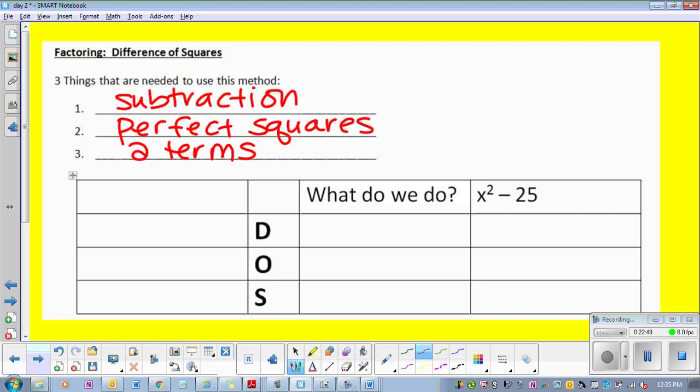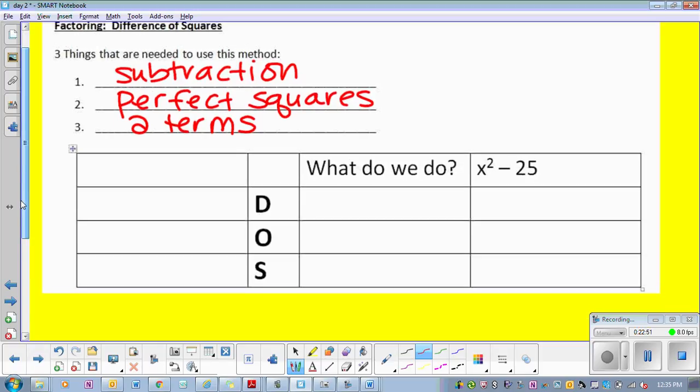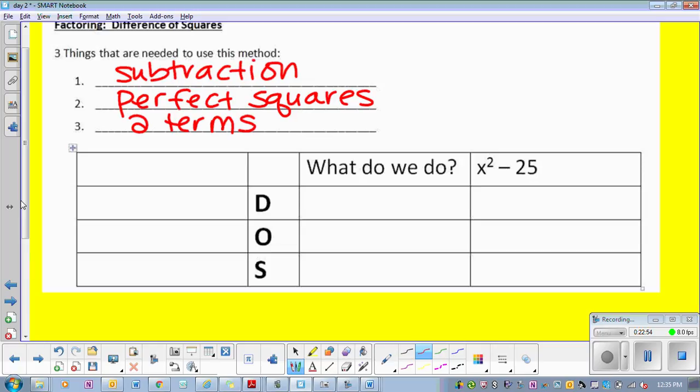All right, so we've come up with a little way for you guys to remember. If you abbreviate difference of squares, it's DOS, right? Difference of squares.